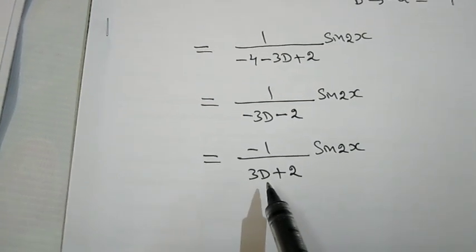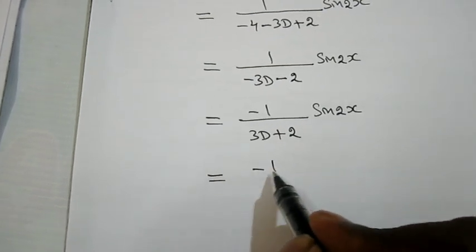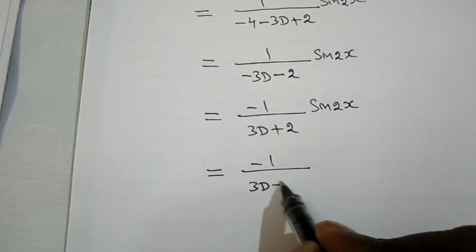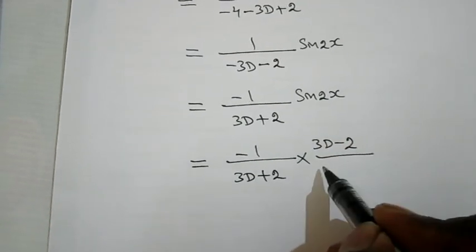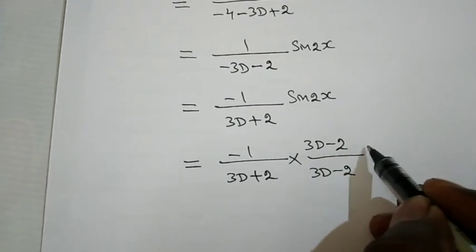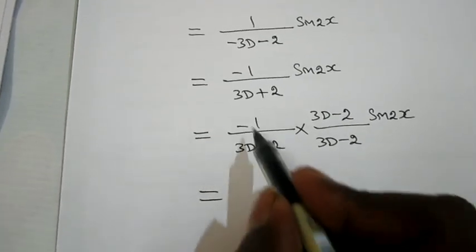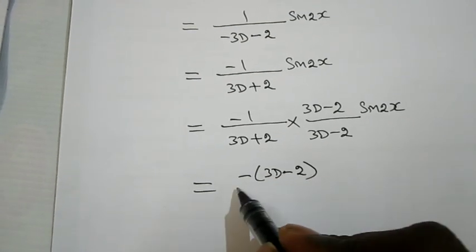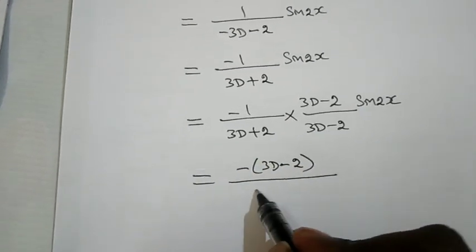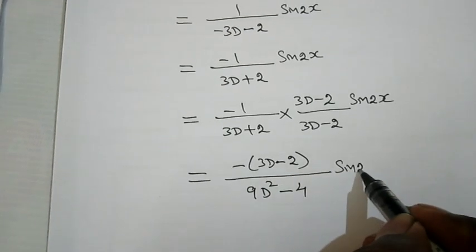So I want to convert this to d² by taking the conjugate. So minus 1 by (3d plus 2) into (3d minus 2) divided by (3d minus 2) into sin 2x. After taking the conjugate, this into this is (a plus b)(a minus b), a² minus b², into sin 2x.